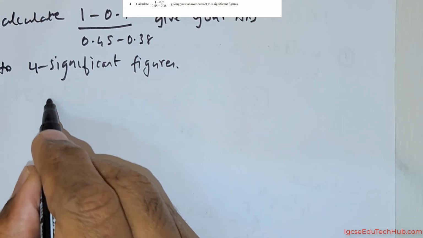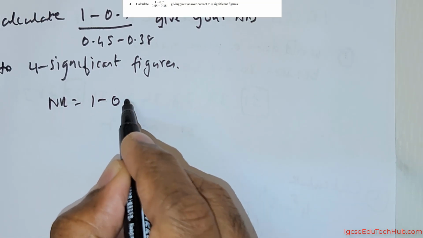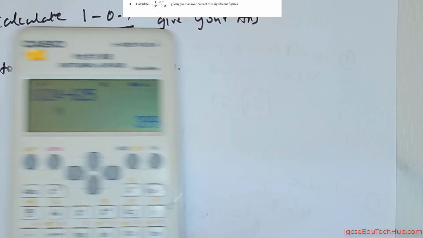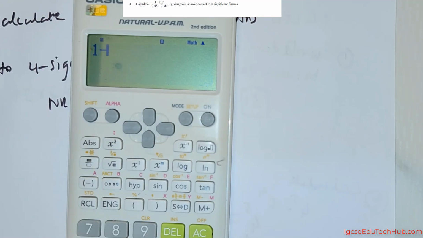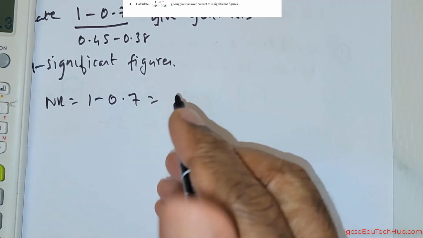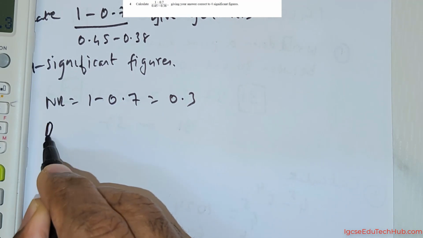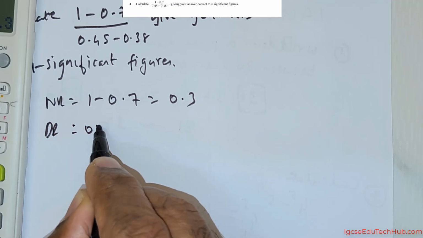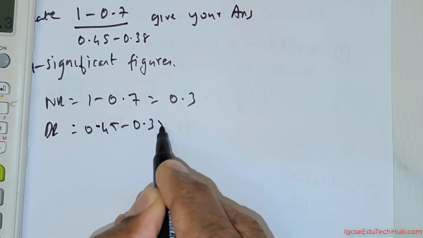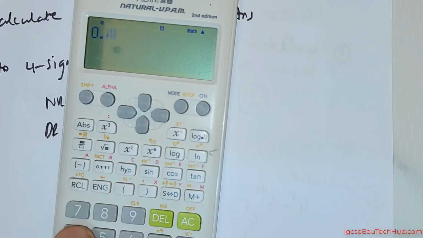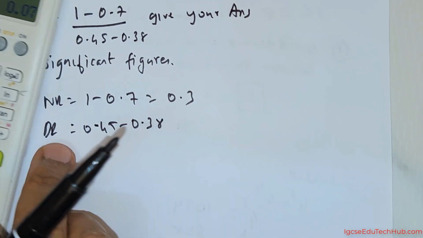You are asked to calculate this. So the numerator is 1 minus 0.7. You can use your calculator. So from 1 you take away 0.7. You get 0.3. Denominator is 0.45 minus 0.38. What do you get?